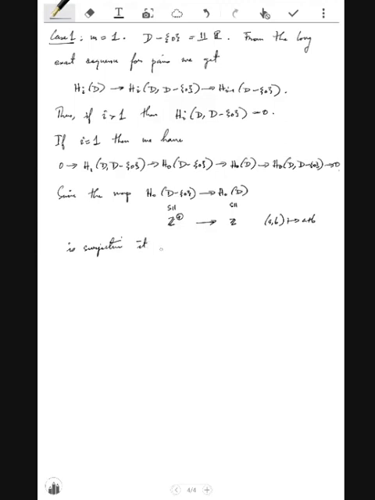So since it is surjective, it easily follows that H1(T, D minus 0) is isomorphic to Z, and H0(T, D minus 0) is 0.